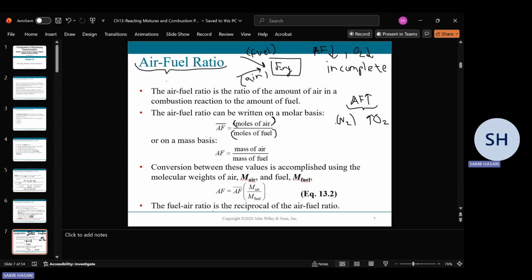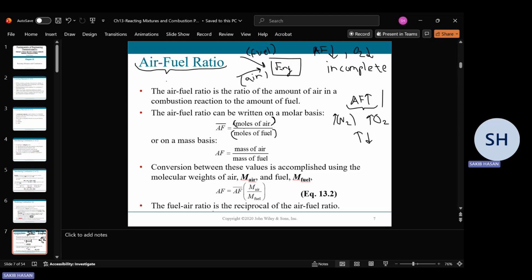But since there's a lot of nitrogen as well, and nitrogen really does not do anything, it can drop the temperature, because you're getting the same amount of heat from the complete combustion at a certain threshold, but now you've got more air in that reaction mixture. So the temperature might drop. And we know that heat transfer at a lower temperature decreases the overall efficiency of a thermodynamic process.